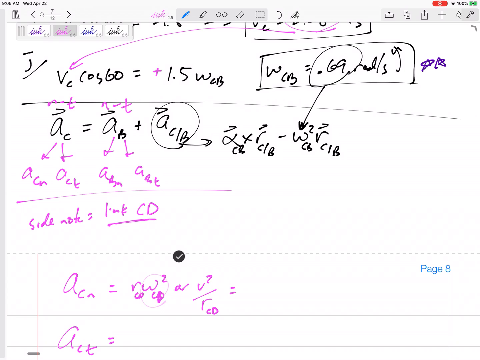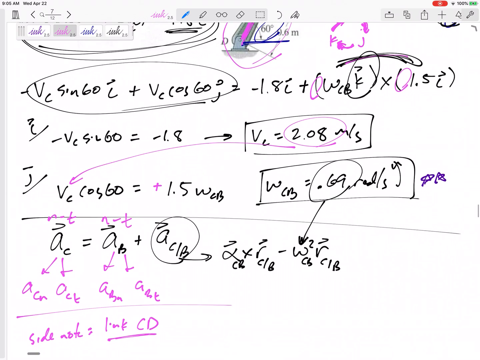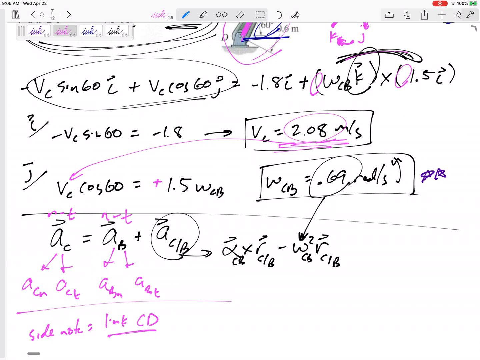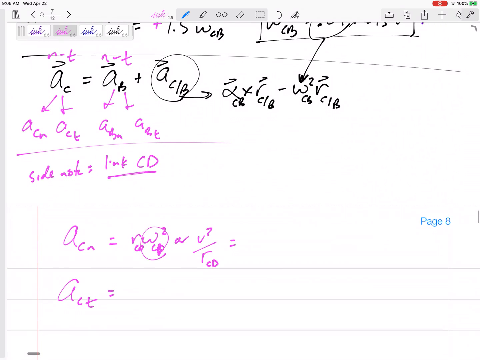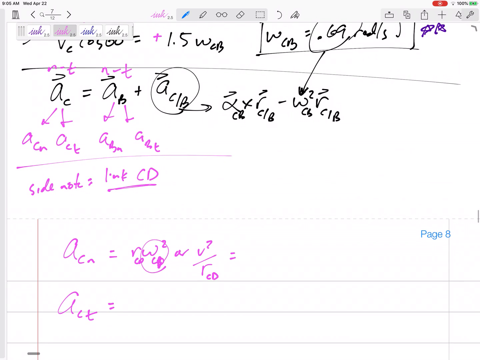But I didn't calculate that. I think that was what I was talking about at the very end. We could have used the 2.08 and calculated that omega of that bar, but I didn't. But I do have the velocity, 2.08. So this is 2.08 squared over 0.6. All right, that is 7.21.